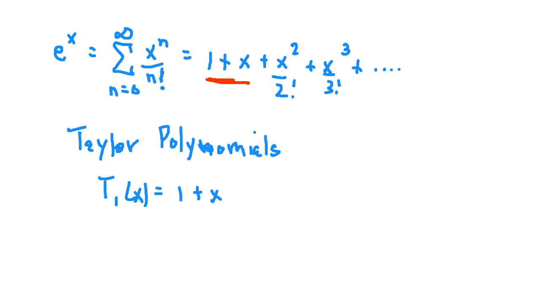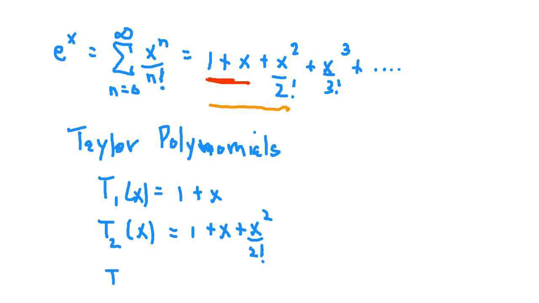The second degree Taylor polynomial would be 1 plus x plus x squared over 2 factorial, because that would be the first 3 terms of the Maclaurin series.